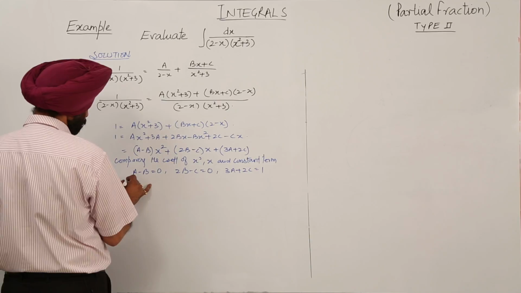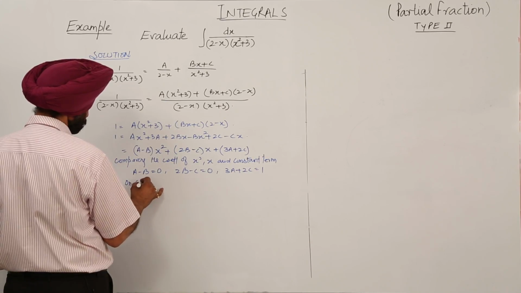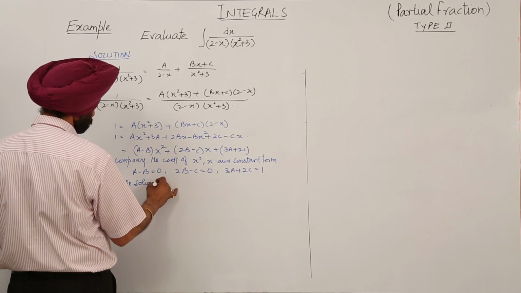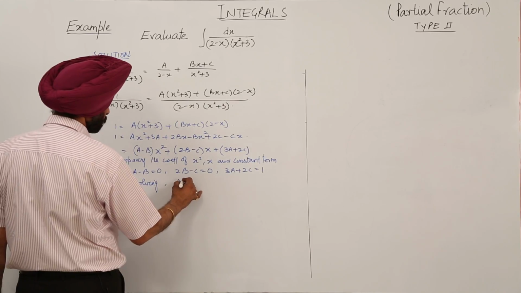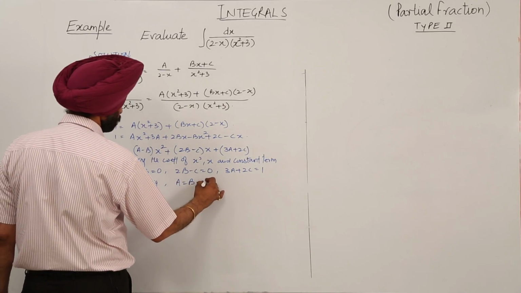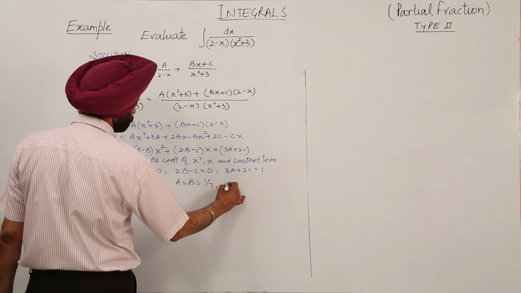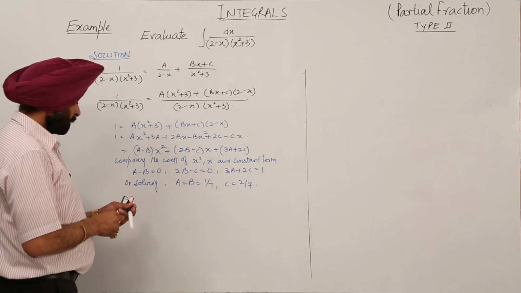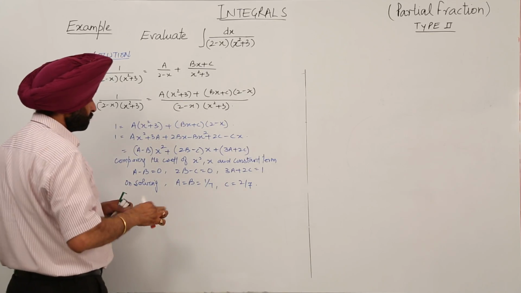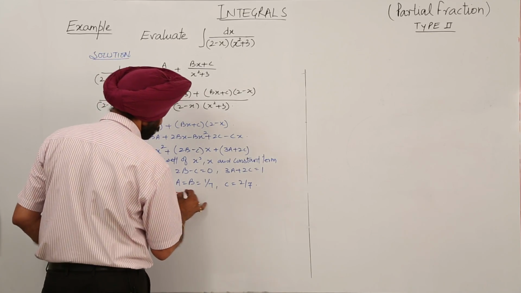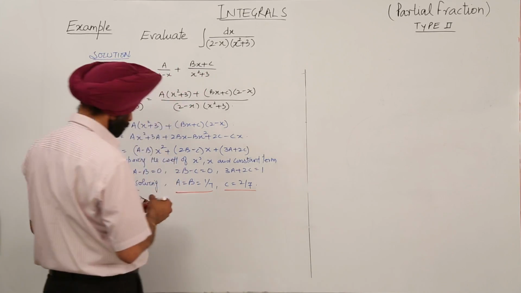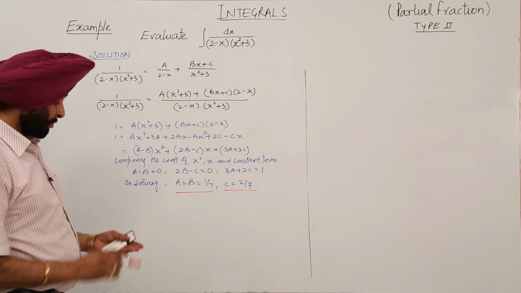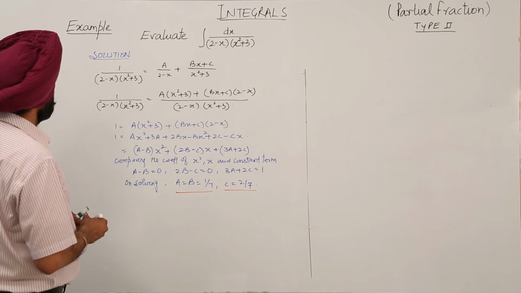So on solving now, what we are having, a is equal to b is equal to 1 by 7 and c is equal to 2 by 7. So we are getting the values for a, b and c. Is it clear? Now let's put these values in our question.